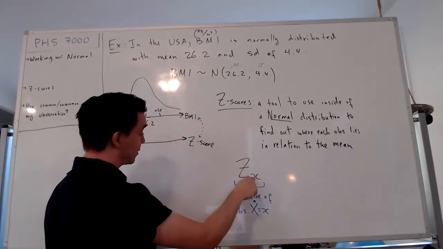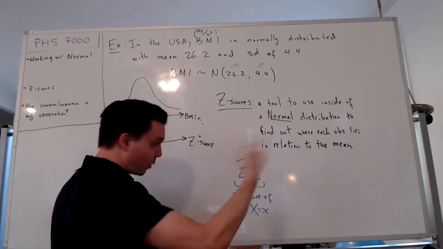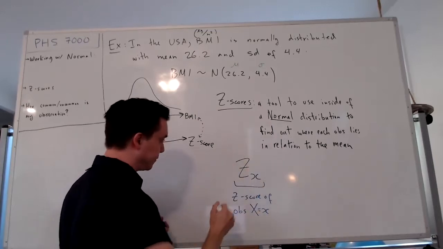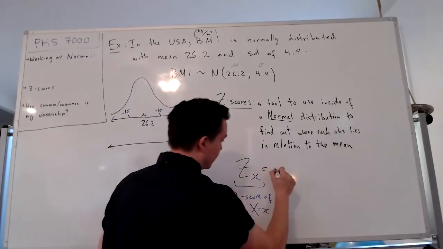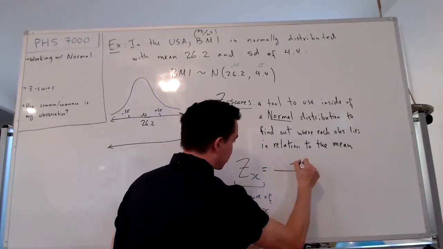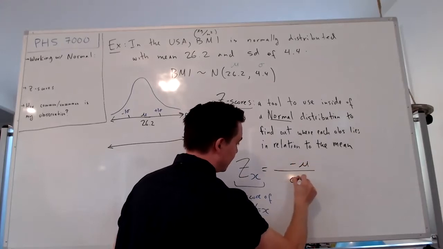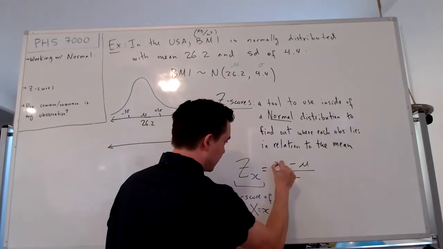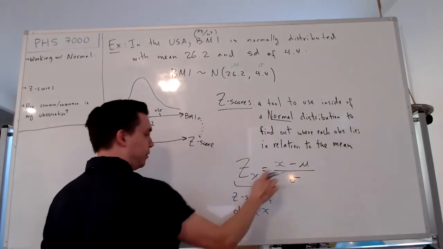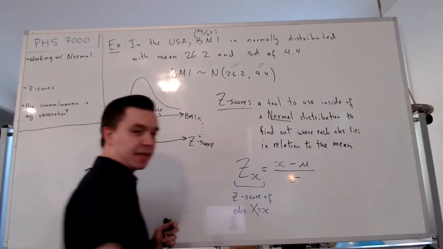In my example, this would be a particular BMI value, 20, 25, 35. What we do, we're going to subtract the mean, divide by the standard deviation. All right, so whatever the value, subtract the mean, divide by the standard deviation.